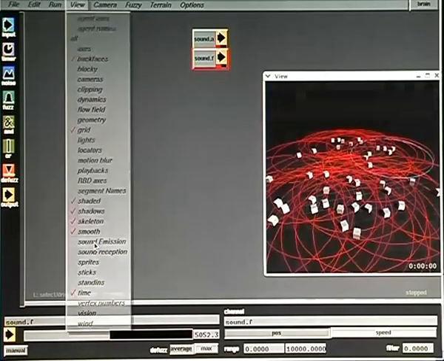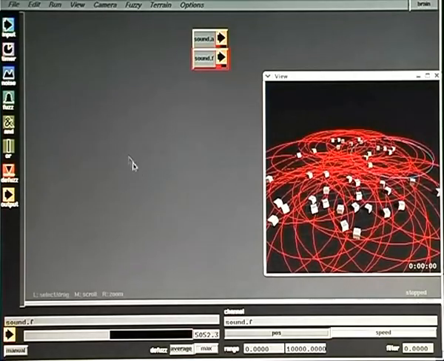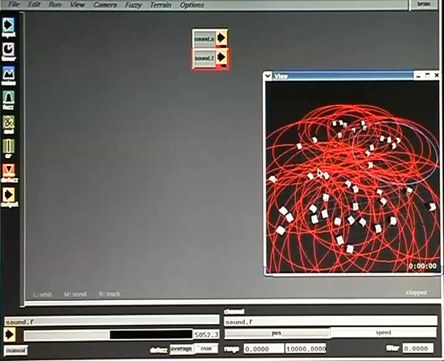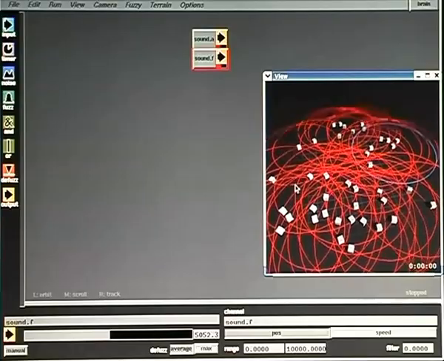Now if we view sound emission, we can see the circles that represent how far each agent's sound is travelling. The circles represent the distance at which the sound falls off to 0 decibels. 0 decibels means the sound is then effectively inaudible.